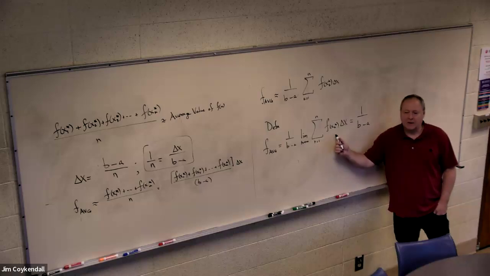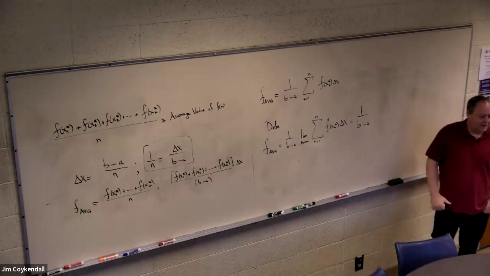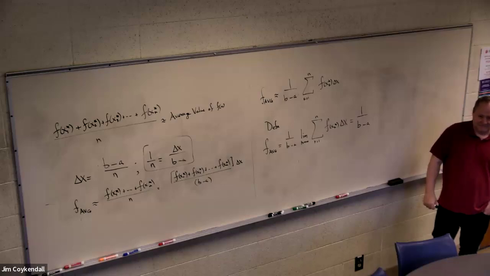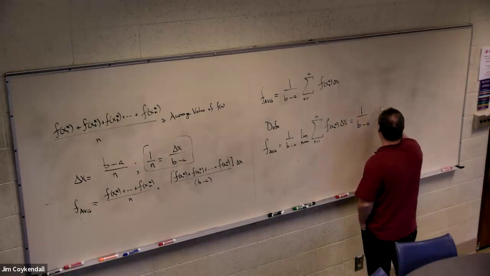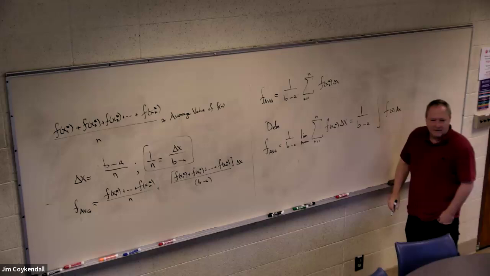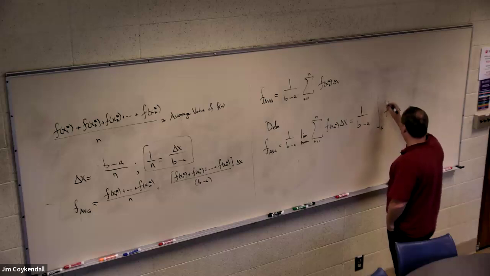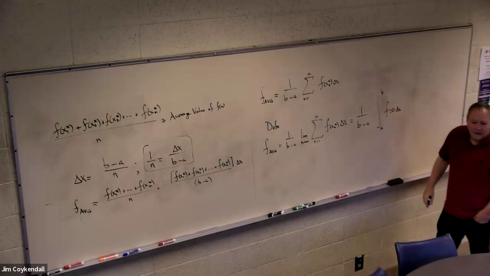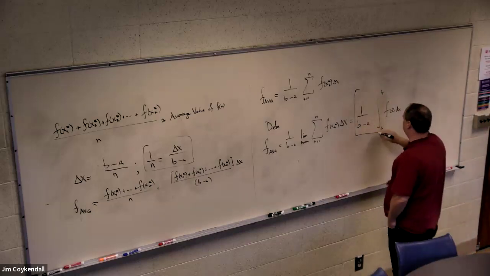When you take the limit of a sum like this, what does it always become? A limit of a Riemann sum always becomes an integral. And what interval are we on? This is the average value of the function.